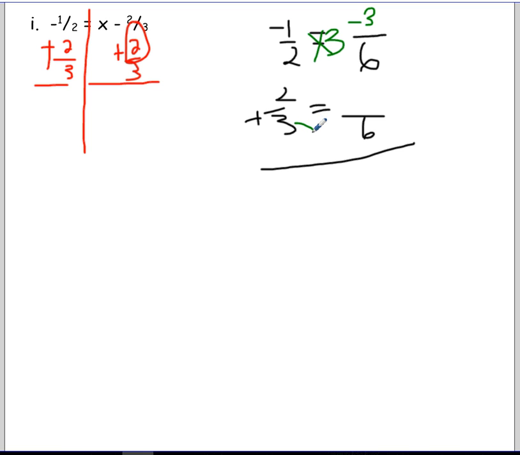And then 3 times 2 is 6, so 2 times 2 is 4. And when we add negative 3 plus 4, we get positive 1, so we get 1/6 left. So it's 1/6 that x is equal to in order to have a true statement there.